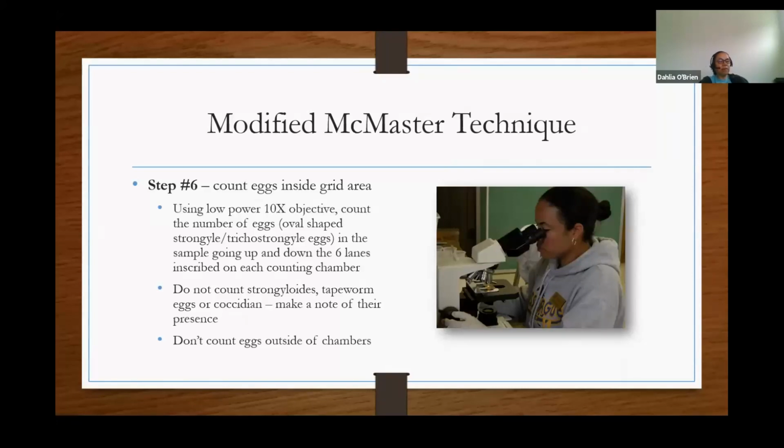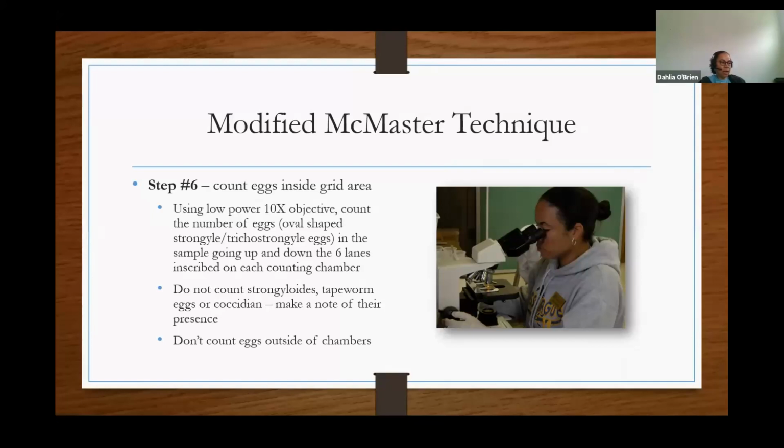Step 6, you're going to count the eggs that are inside the grid area. No eggs that are outside the grid are going to be counted, only those inside the grid area. So using your 10x objective, you're going to count the number of oval-shaped strongyle eggs in the sample, going up and down.